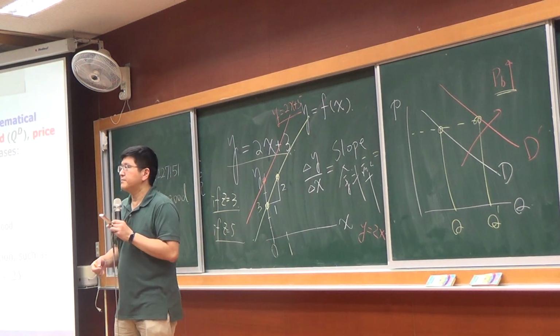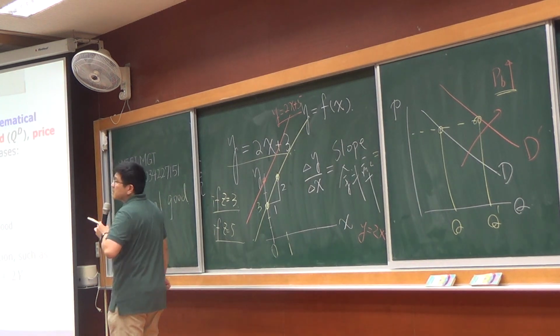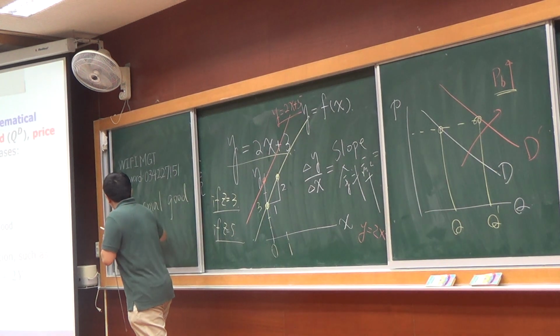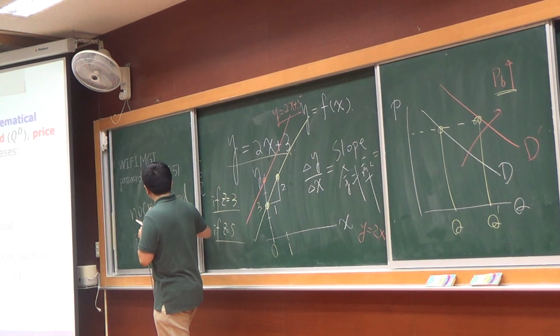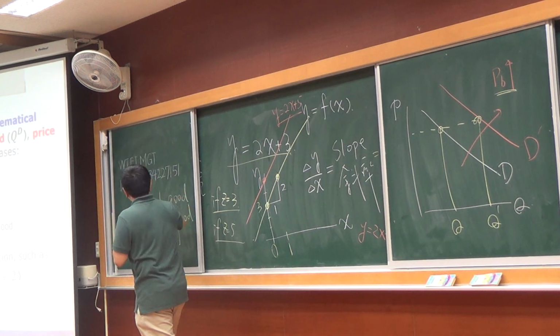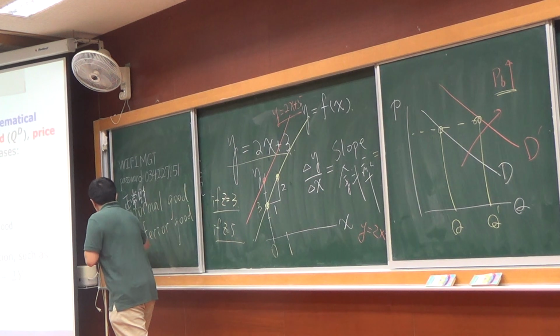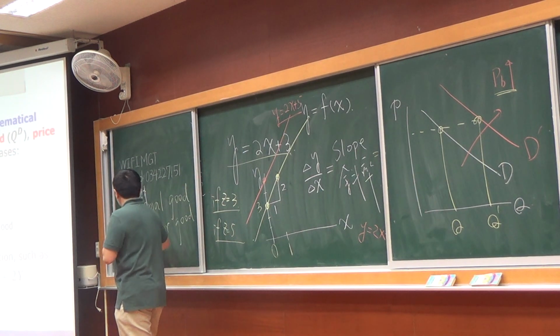If the more income you get, the less quantity you consume, then we will call that kind of good an inferior good. This is normal good, and this is inferior good.